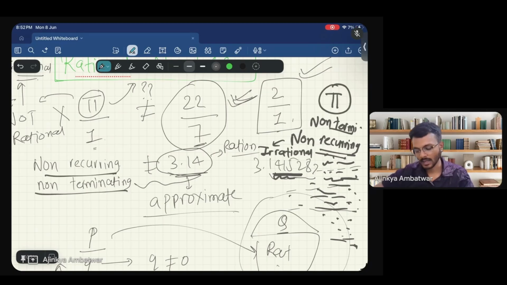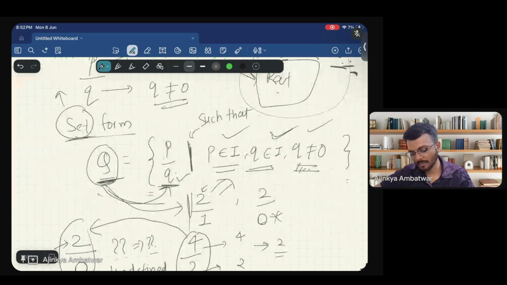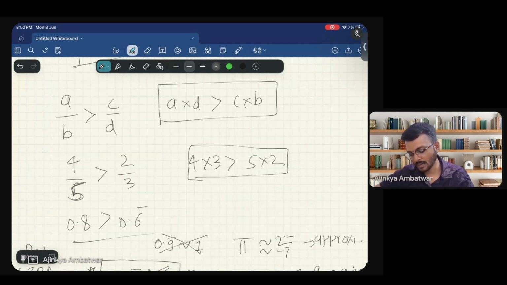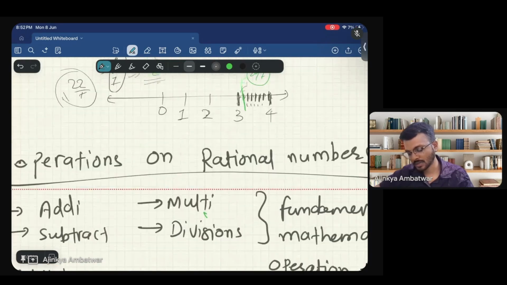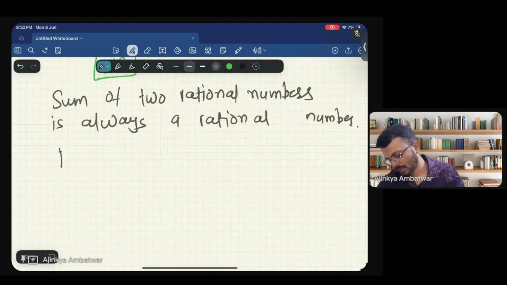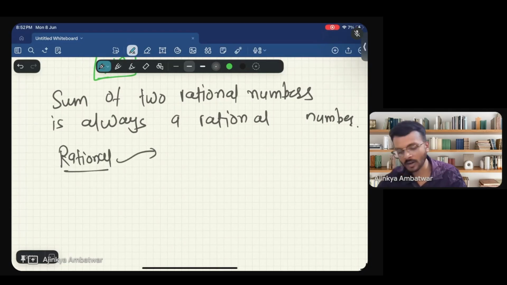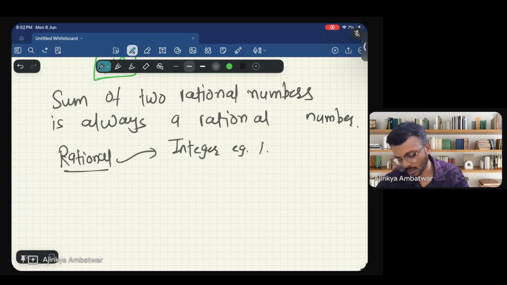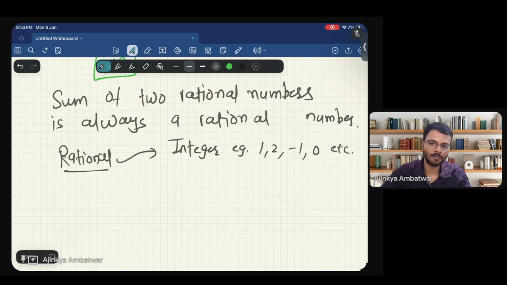Now, in my case of rational numbers, what I said about rational numbers, that a rational number has to be one of the following types. Rational numbers क्या होने चाहिए? If any number is called a rational number, it is of one of the following types. One, it can be an integer, like for example 1, 2, minus 1, 0, etc. This is a rational number.